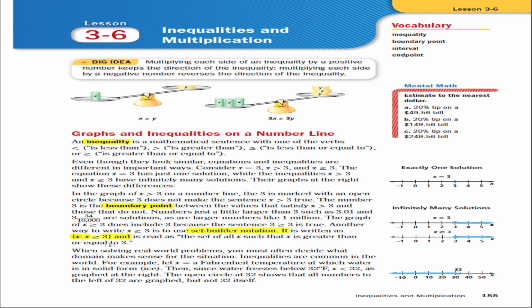Now this is just one instance of set builder notation. You may find others where you have to write a different set. It might be a listing of things, it might be an inequality, but it's written in brackets with the term that's being defined, the variable, and then the colon, and then the variable and what its conditions are. That's set builder notation. Be aware of that as you're going through this.